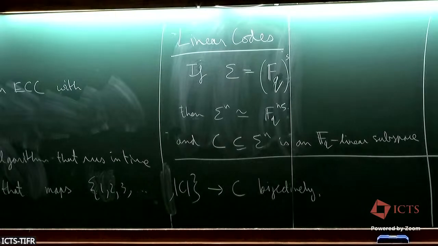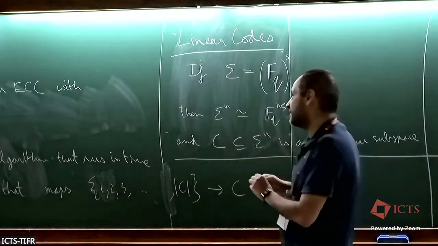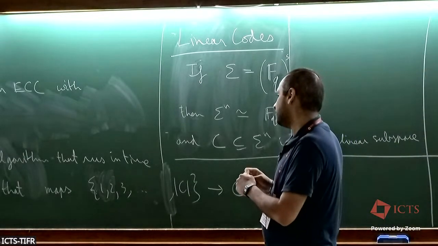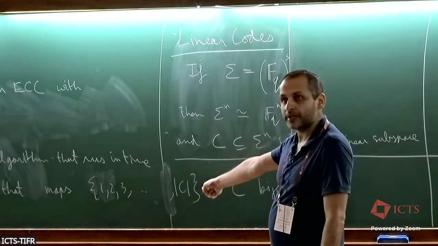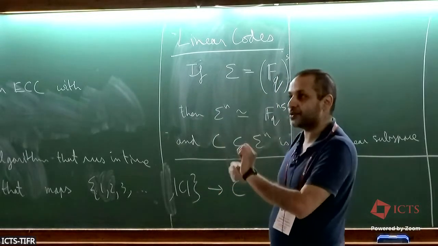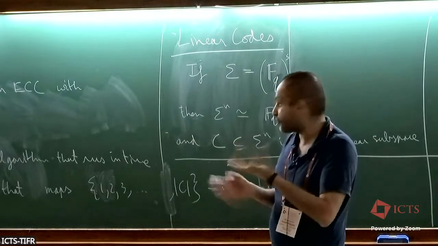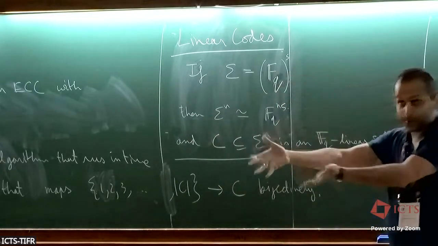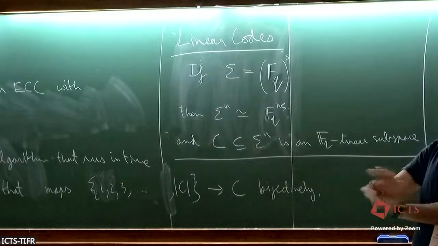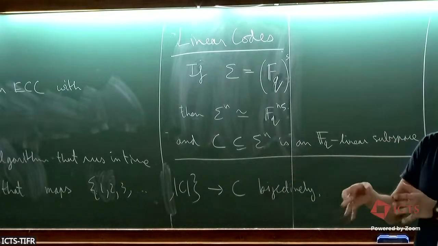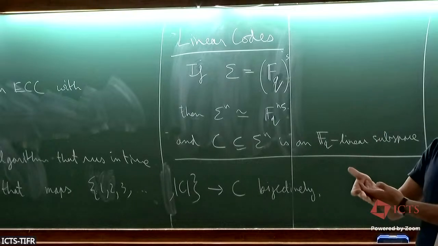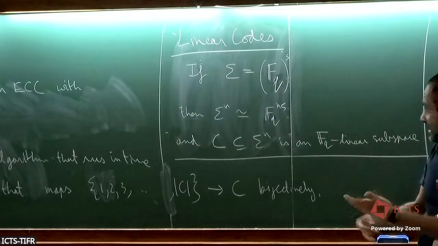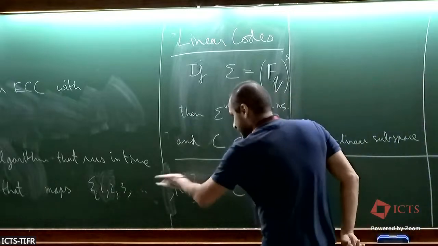And linear codes automatically come with this efficient bijective map. You can refer to elements of a linear code. So first you have to do a little bit of work. Suppose I give you the linear code in your hand. Then you can write down a little bit of information from that code, namely a basis for that code. And then once you have a basis, you immediately have a bijective transformation.